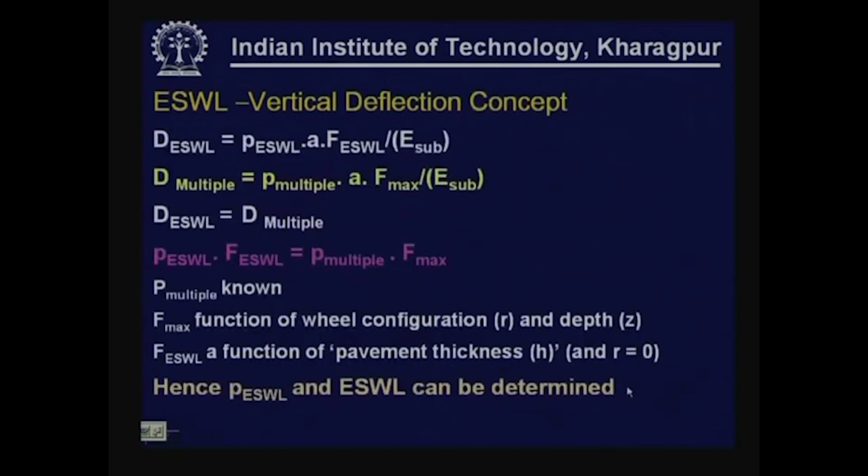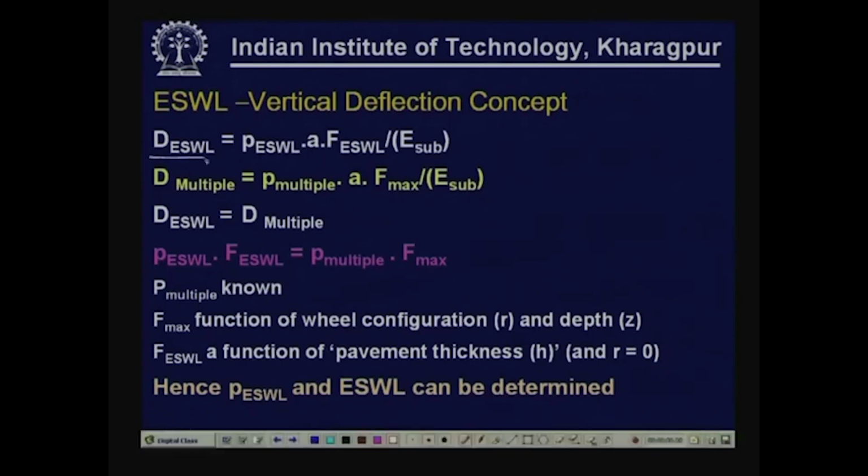So following the same approach that we used earlier, equivalent single wheel load deflection is P equivalent single wheel load, A, deflection factor for equivalent single wheel load, and then modulus value. D multiple, the deflection produced by multiple wheel loads, is pressure multiple, radius of load contact area, the deflection factor that corresponds to the maximum deflection produced by all those wheel loads, and modulus value of the subgrade.